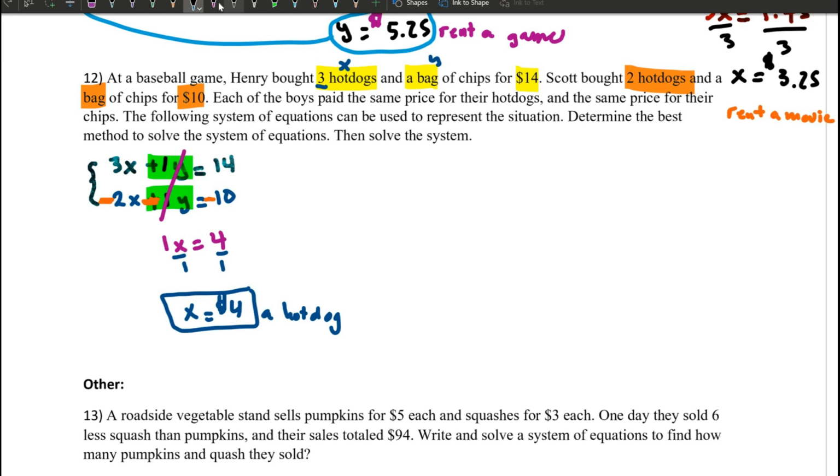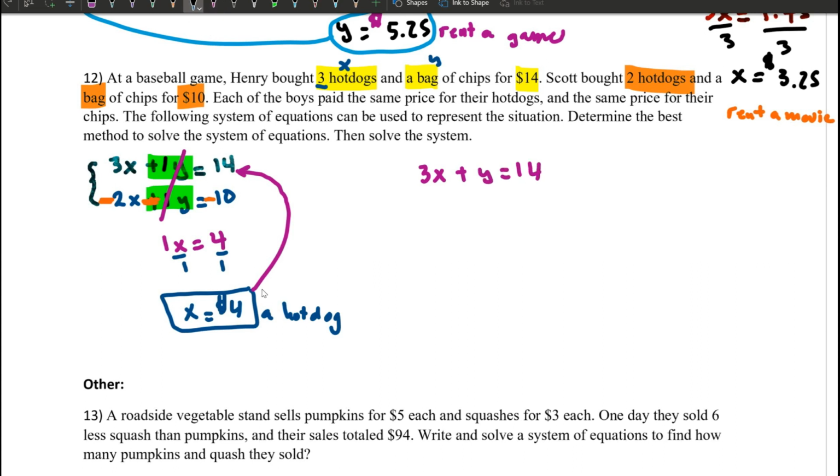Okay. And then to get the cost of the bags of chips, you're going to plug it into either the first or second. Since I already messed around with the second equation, I'm going to use the first one this time. 3x plus y equal to 14.